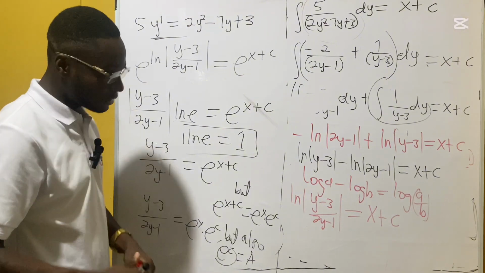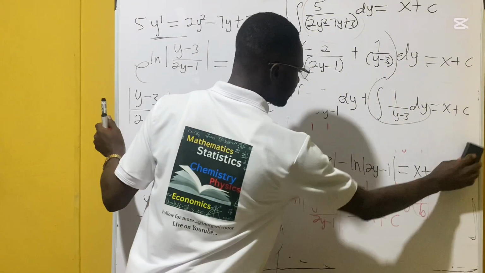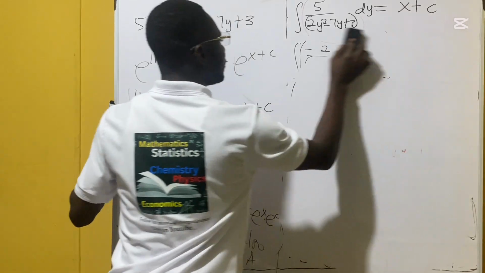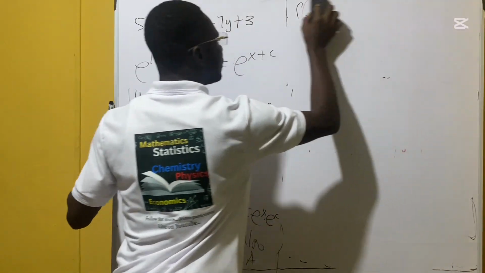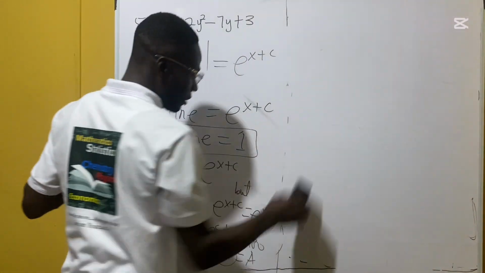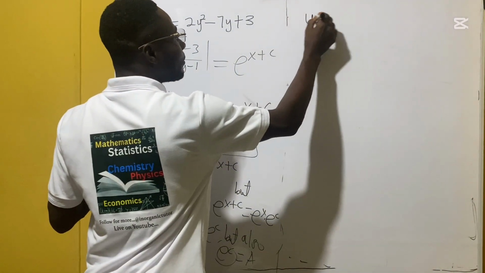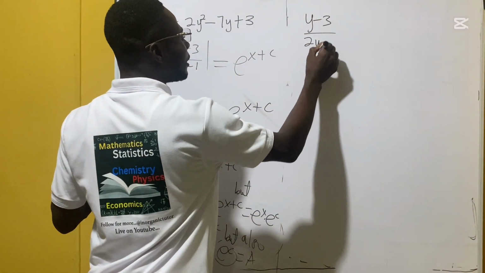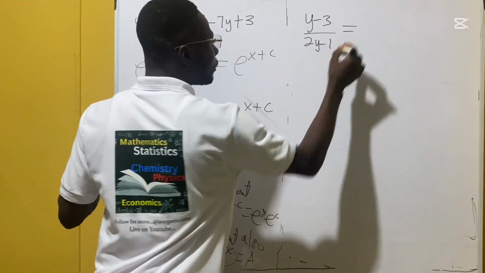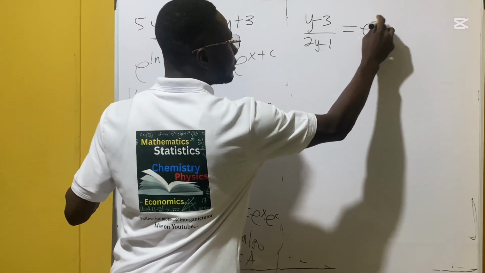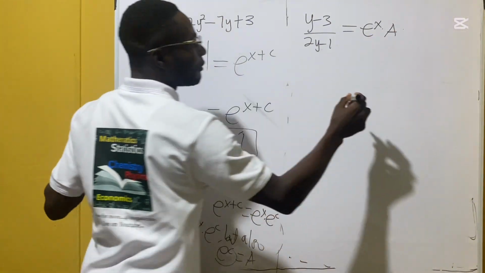So once we have this, we can say that y minus 3 on 2y minus 1 should be equal to e power x times a.